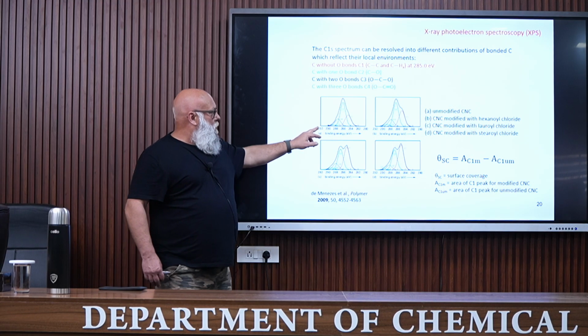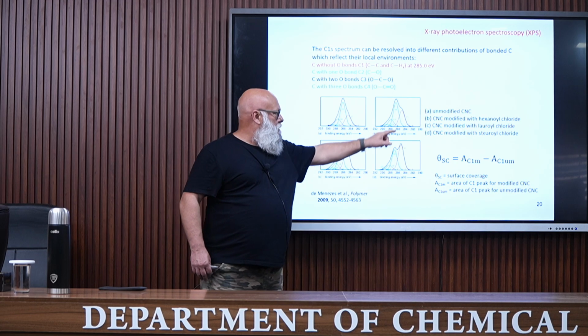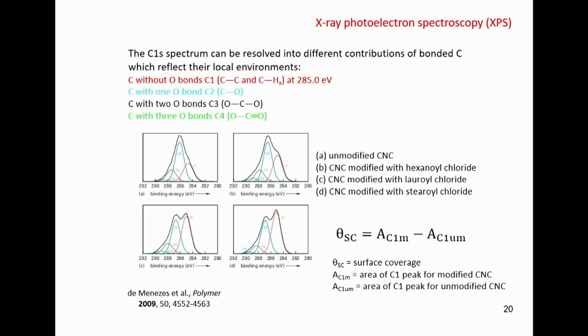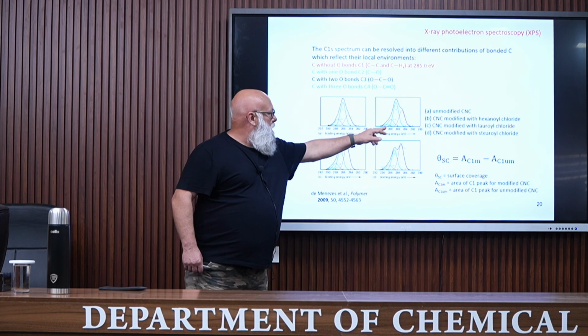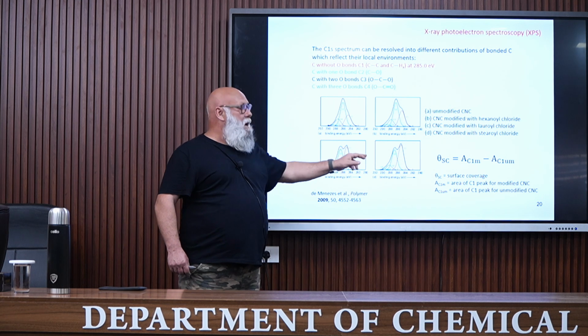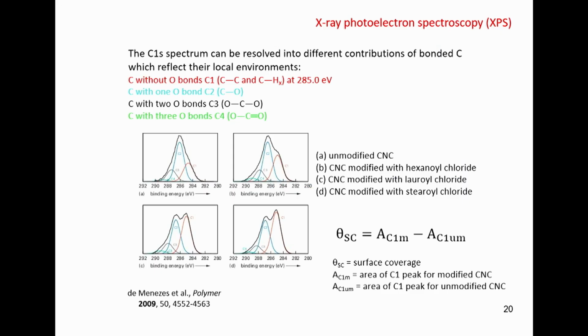So this is for unmodified nanocrystals, and here nanocrystals grafted with the aliphatic chains. What is really clear on this figure is that after grafting, there is a strong increase in the C1 signal. This is really the signature of the grafting of these aliphatic chains.